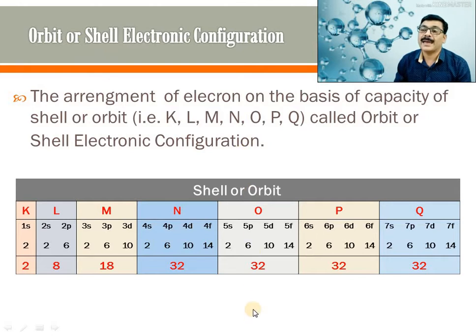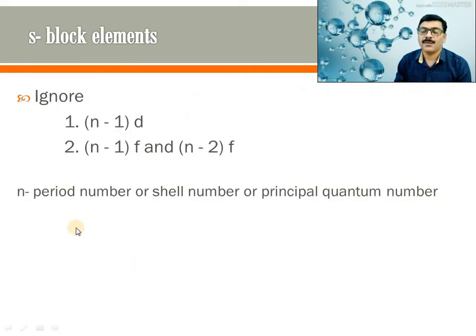Now how to write the shell electronic configuration? So here I have to distribute the shell electronic configuration in 4 parts. First we can write here the shell electronic configuration of S block element, then P block, then D block and then F block.